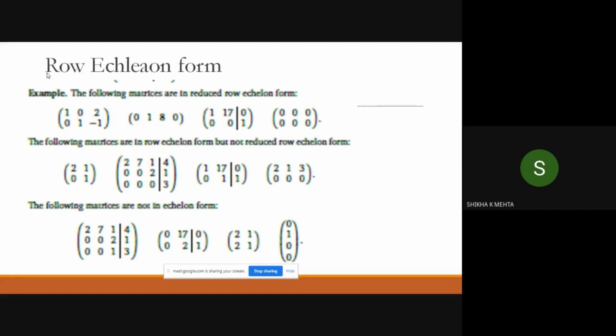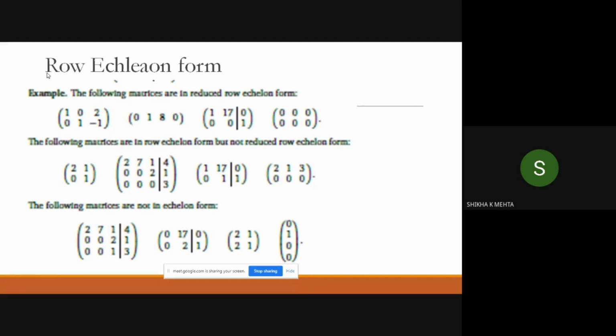But in the third one, that is fine, because we are bothered about wherever we have a pivot as a non-zero entry, we can't have other non-zero entries. Similarly, in the other matrices, you can see here we have 1, 17, then 0, 0. Then we have another one where we have all zeros.